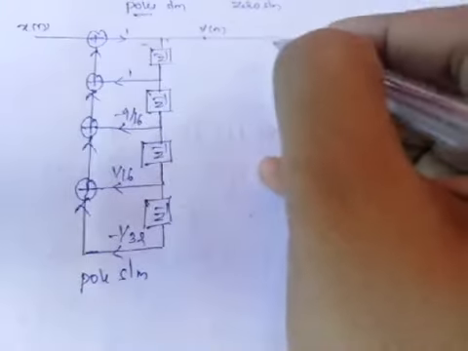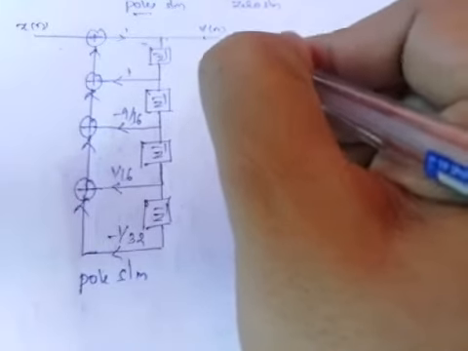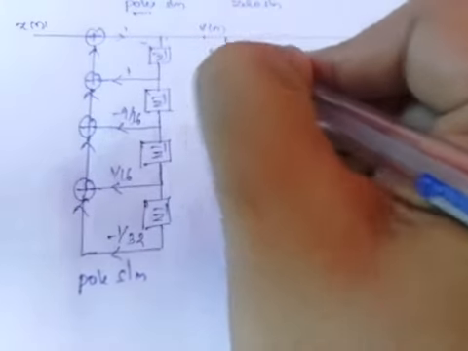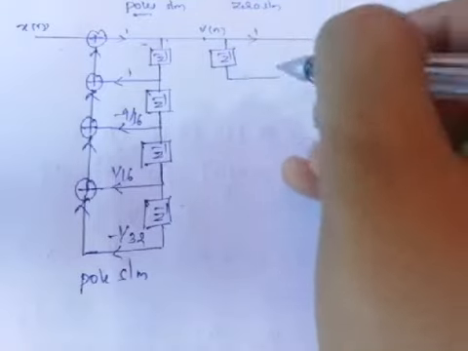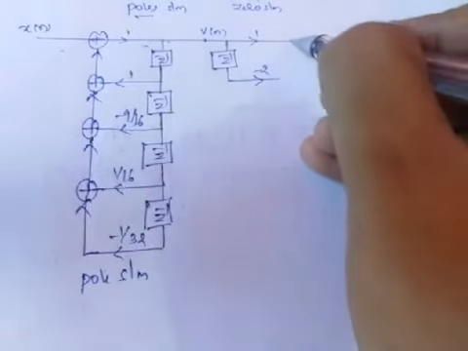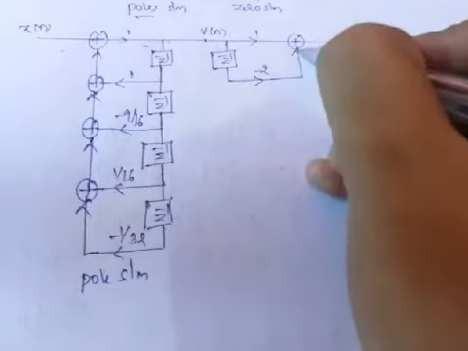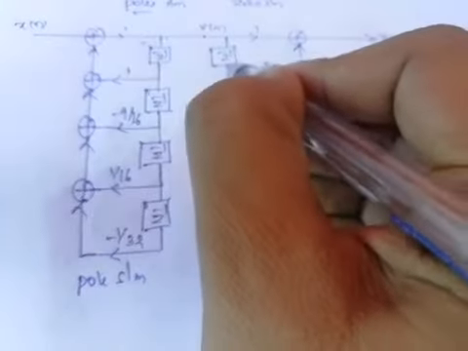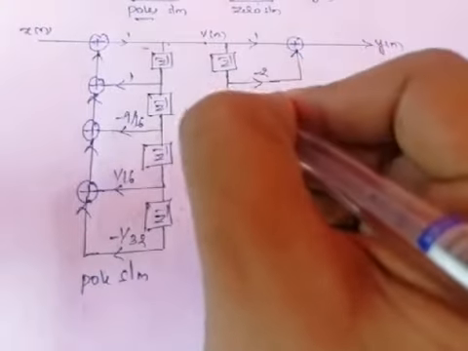Next, coming to the zero system. In the zero system, one time delay: the coefficient term here is 1, and here the coefficient is the same as it is, minus 2. Add with the previous output. Next, second time delay.